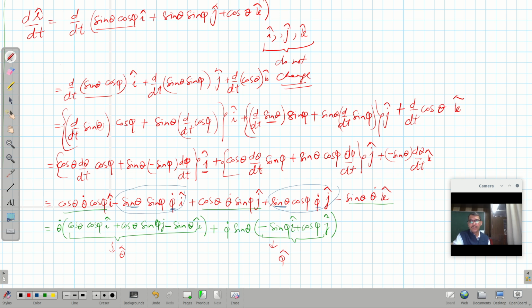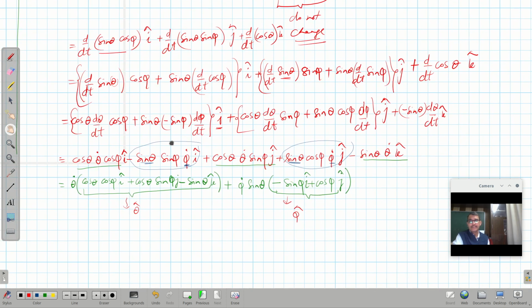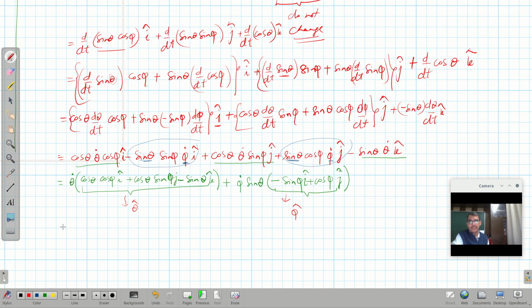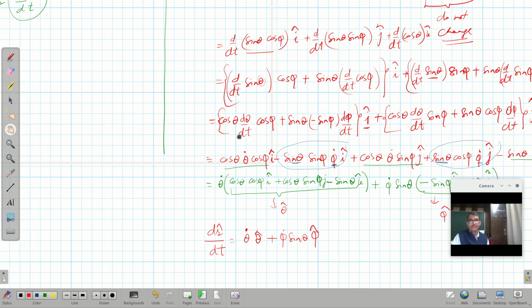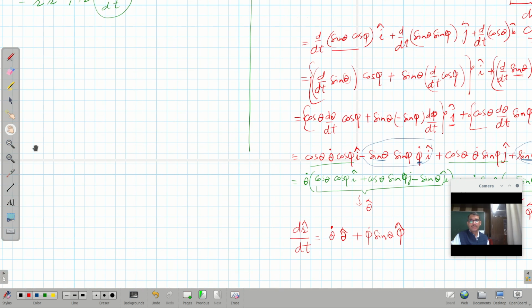So therefore dr cap over dt can be written as theta dot theta cap plus phi dot sine theta phi cap, right? So let me put this value.